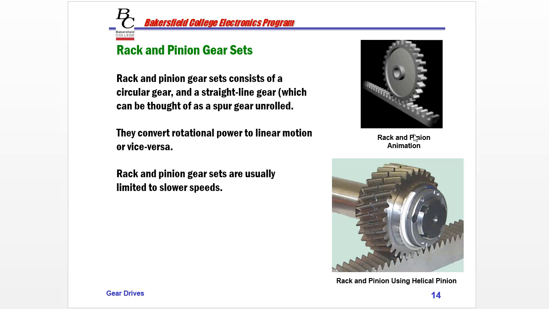Rack and pinion gear sets are usually limited to slower speeds. Now here's a little bit different rack and pinion using a helical pinion, so you can see the slant of the teeth. And we'll be talking about helical gears next. You may have heard over the years that some cars have rack and pinion steering.